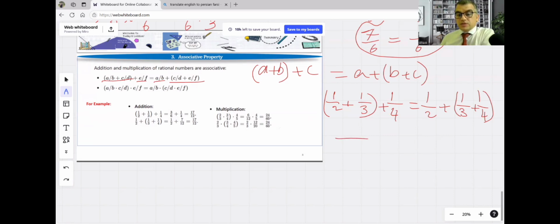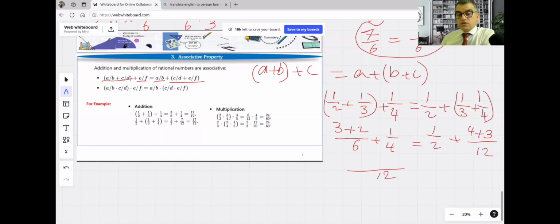Let's do it. Inside the bracket, 6 is the common denominator between these two fractions. Here we can write 3 plus 2, again plus 1 by 4. On the right side, you can write 1 by 2 plus, here 12 is the common denominator between these two fractions. It is 4 plus 3. So we added these two fractions.